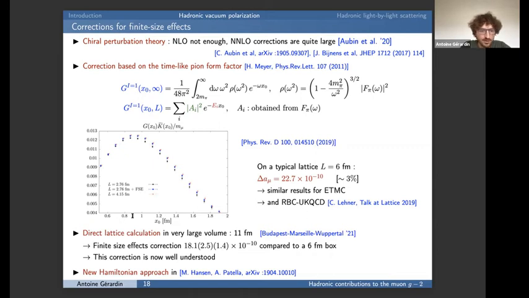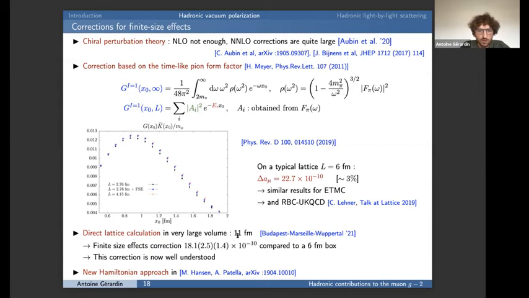And then more recently, in their publication, the BMW collaboration were able to do a direct lattice calculation in a very large volume, with an 11 Fermi box, where usually people use more like 6 Fermi boxes. In these 11 Fermi boxes, we can consider finite volume effects to be extremely small.